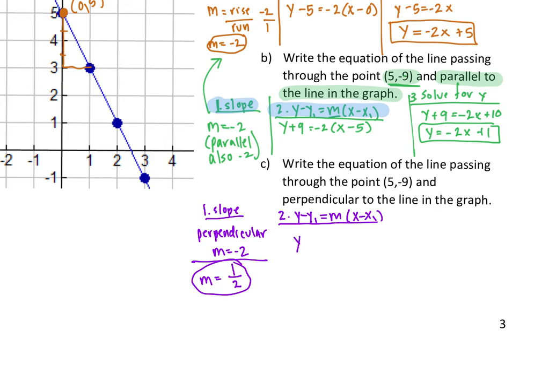So we have y minus -9, which is +9, equals my slope, which is 1/2, times x minus 5. Okay, so I've got y plus 9 equals 1/2 x minus 5/2. Oops, that is actually step 3. We're going to solve for y.